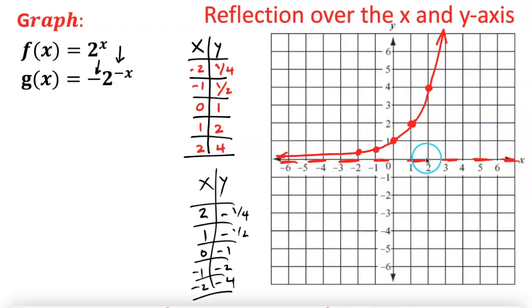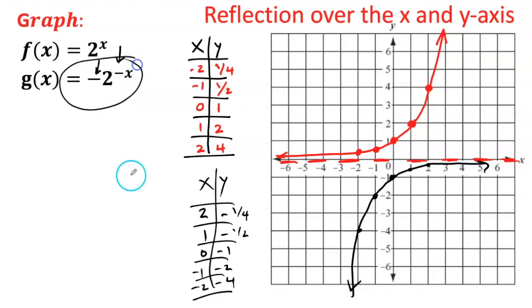First point is 2, -1/4, 1, -1/2, 0, -1, and I hope you see that is the movement. -1 is -2, and -2 is going to give me -4. So look, my graph, asymptote, and that's this graph now.